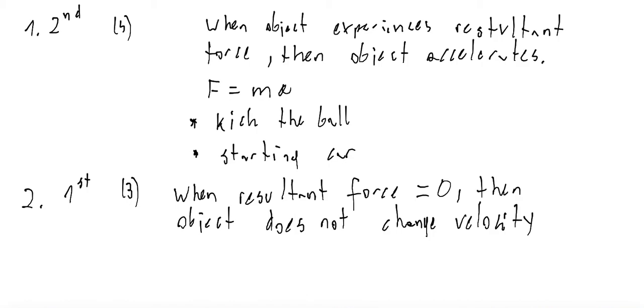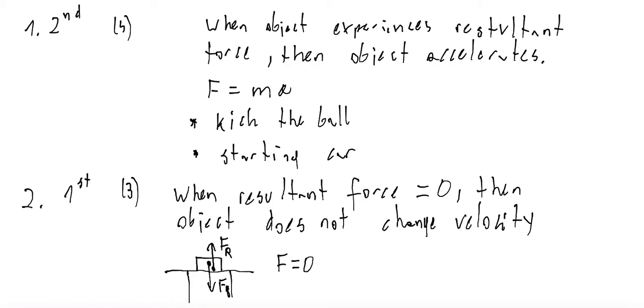Okay, and an example. A very, very good example is a stationary object like a book, which is resting on the desk. The book is attracted by gravity, but it also experiences a force from the desk. In this case, let's name it a reaction force. So these 2 forces are equal.